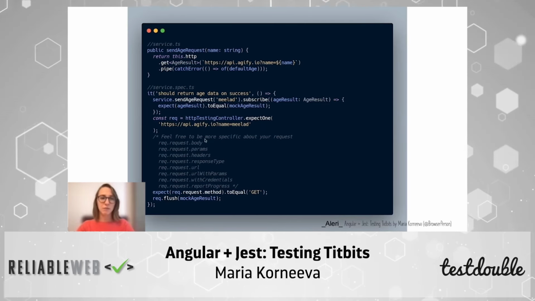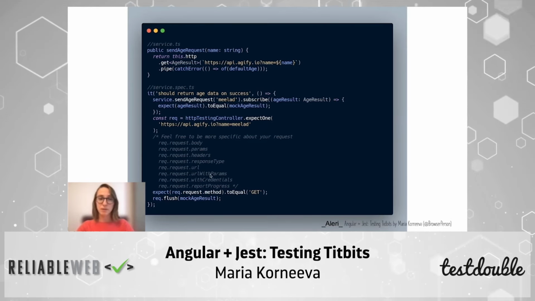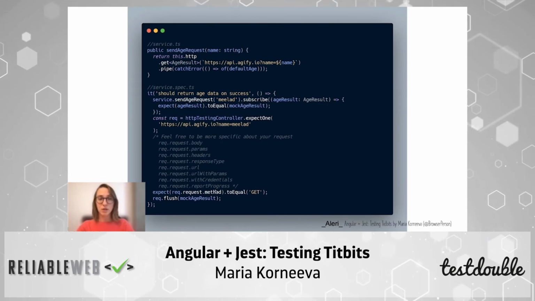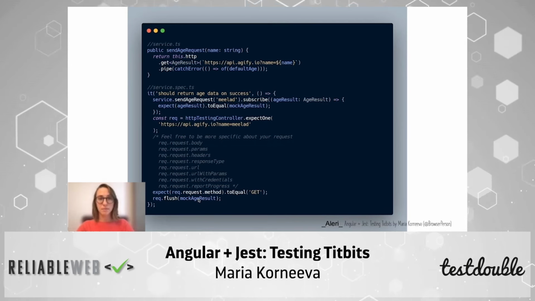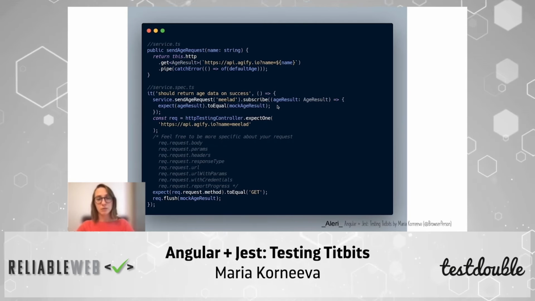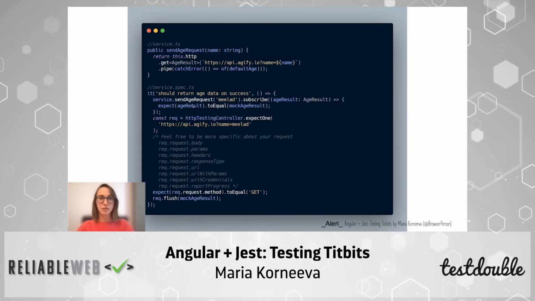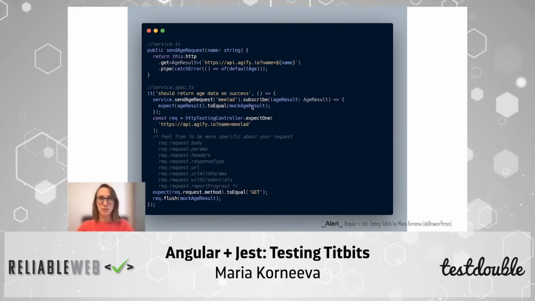And you can check for body, parameters, headers, response type, URL with parameters, withCredentials, reportProgress, method, etc. as you like. And only then you flush the mocked result. Then the result comes into the subscription, and then you can expect your result to equal the mocked result.